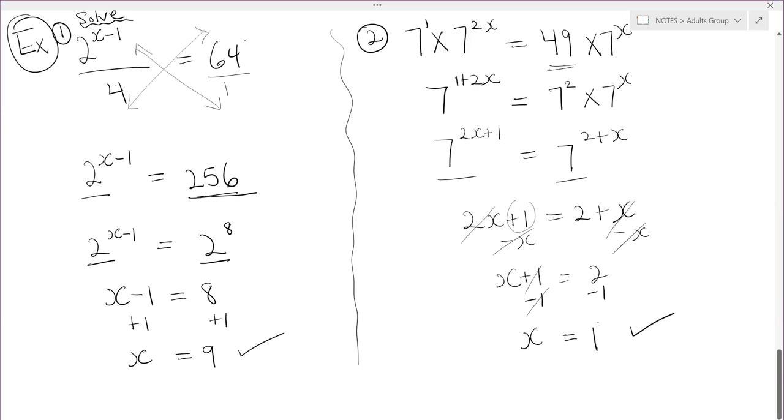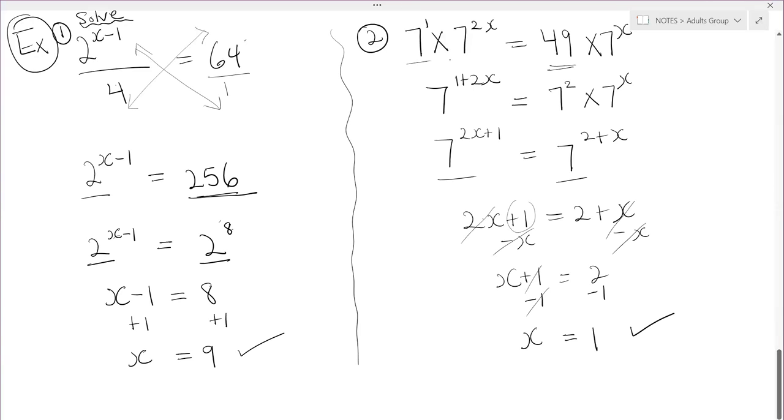Have no worries. When we go into solving linear equations, we will definitely revisit this and you will have a better understanding of how to go about it, but just focus on the powers. So we realize that we put it in the same base, we put the indices equal to each other. This one now, we saw that it was very easy for us to put 49 to the power of 2x.